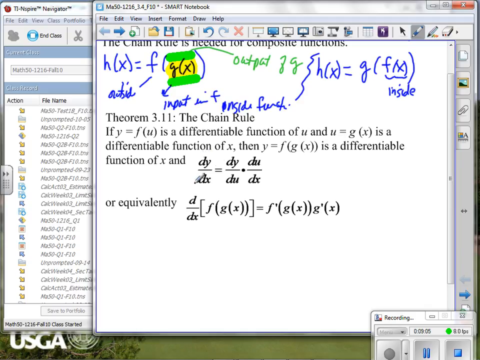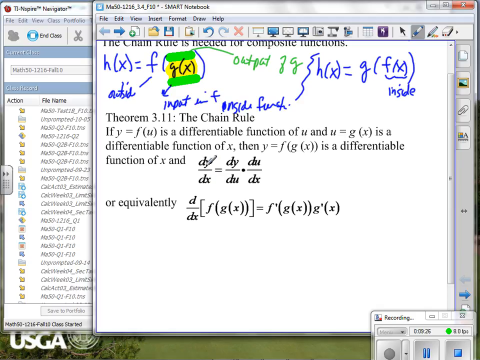We're using the notation of derivative dy dx, or the differential y divided by differential x. So dy dx, now what does x represent in this first derivative? X represents the what of the function? The input.